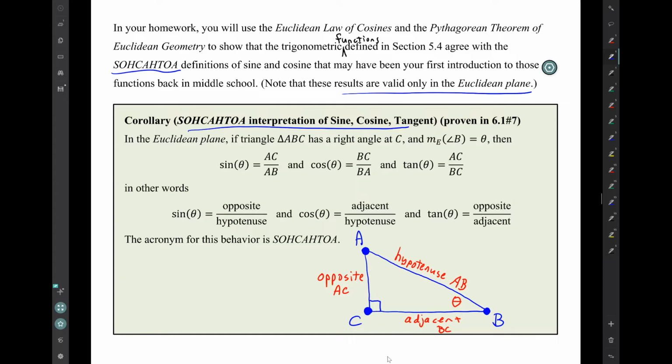Our abstract definition of sine, cosine, and tangent from section 5.4 was formulated in terms of calculus. So they did not use any reference to triangles, to right angles, to angles. So this is an important corollary, that your old ideas of sine, cosine, and tangent agree with the abstract calculus idea of sine, cosine, and tangent.